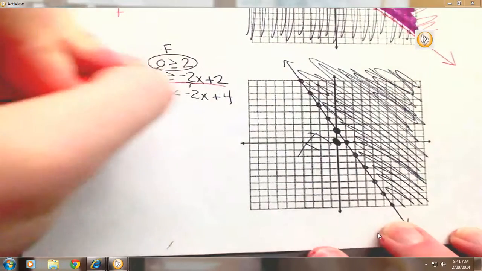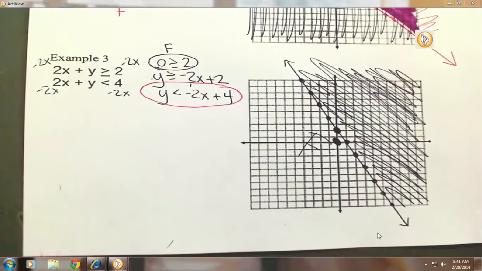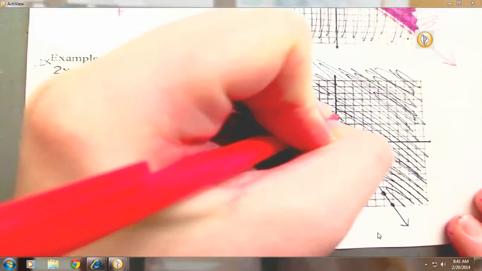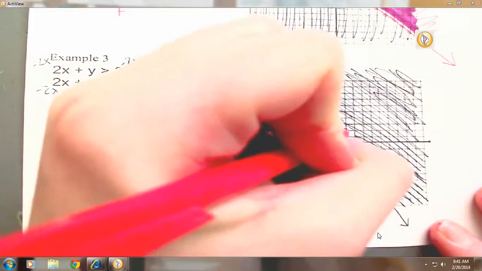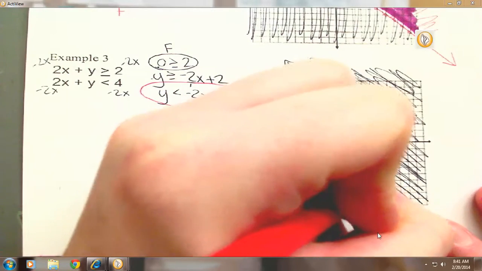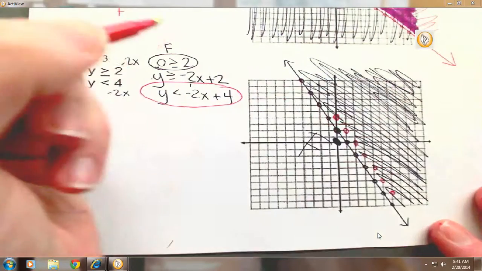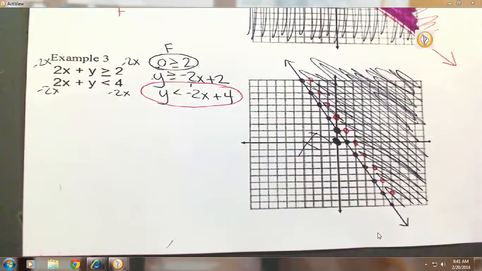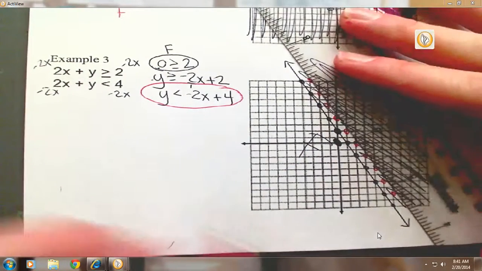For the second inequality, I'm going to do this one in red. What is our y-intercept? 4. And we have the same slope, correct? Negative 2, so we're going to go down 2 and right 1. This time, do we use a dashed or solid line? Dashed line.